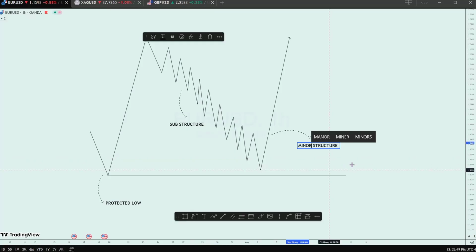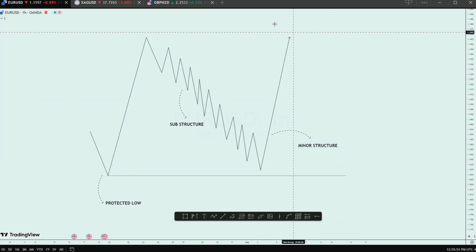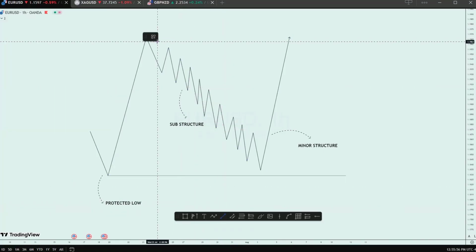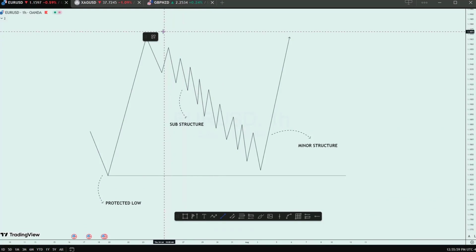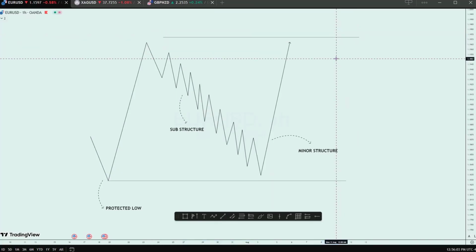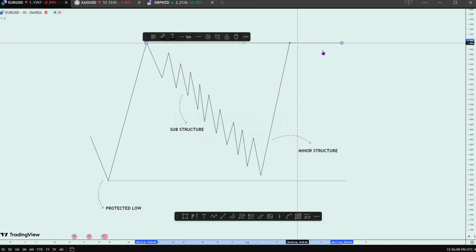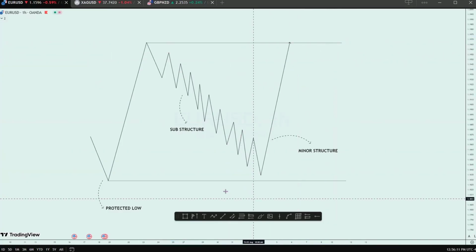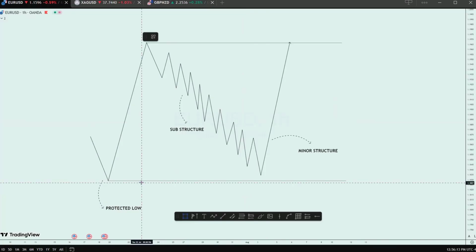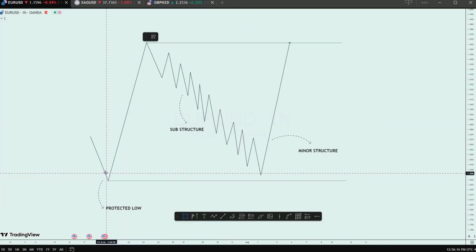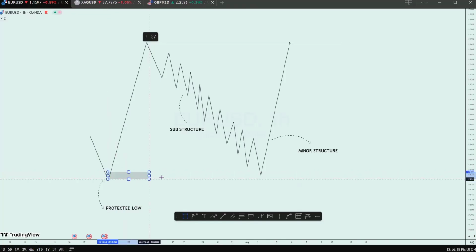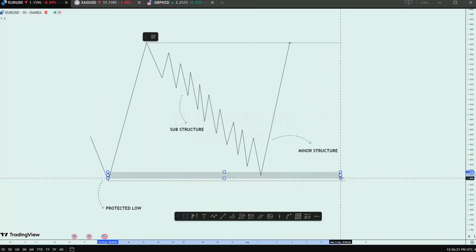Our minor structure is what delivers price to your TP, or to your exit level, which can be this place or at any point, or maybe 1 to 3 or whatever. So your minor structure is when price gets to your POI level. I'll talk about that subsequently.